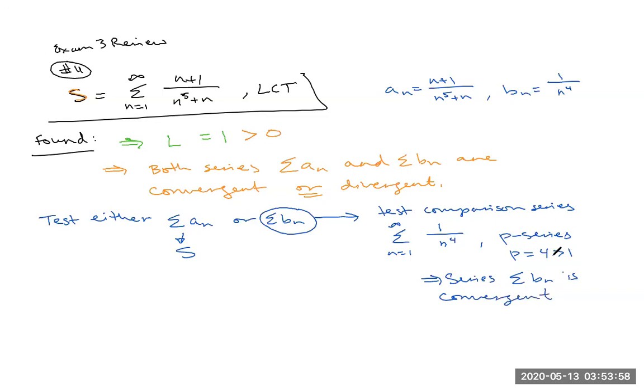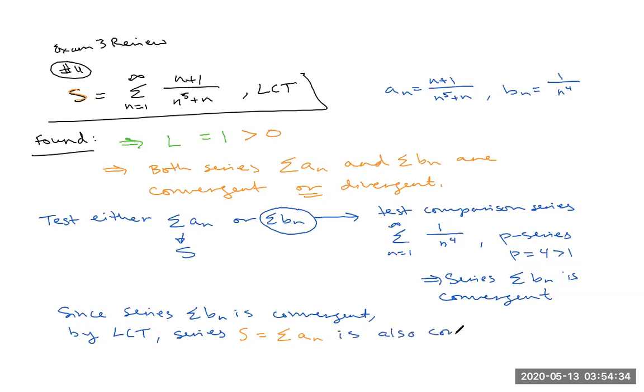So state your tests and why, and then state your conclusion about each of your series. So since series B sub n is convergent, by LCT, series S, which is the same thing as summation A sub n, is also convergent.